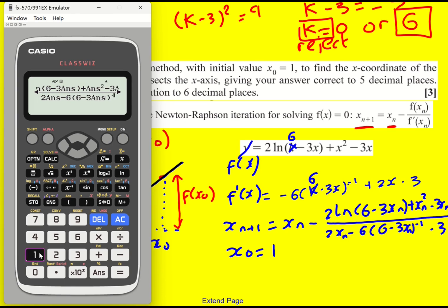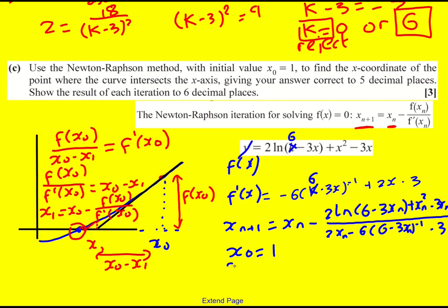Nearly there. Okay, so we get x1 is 1.0657.